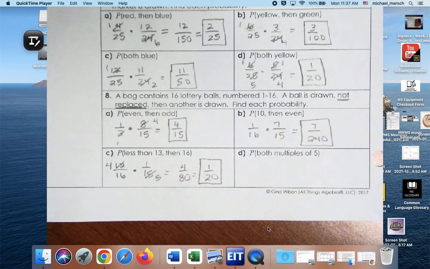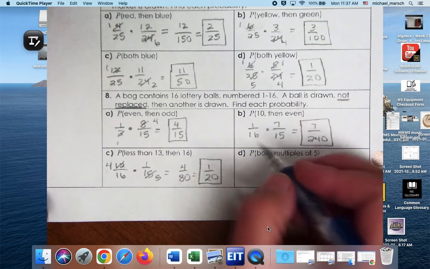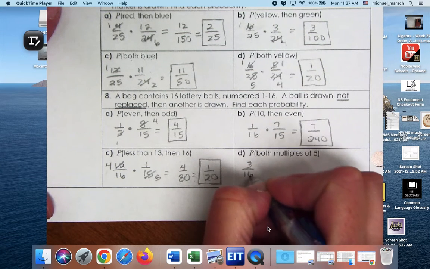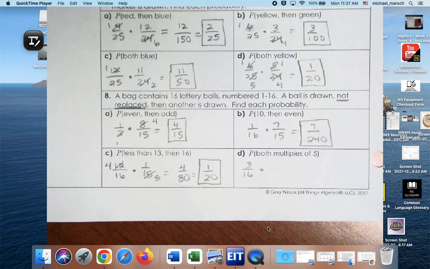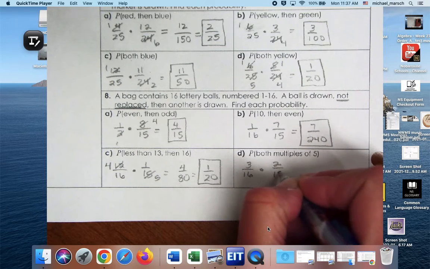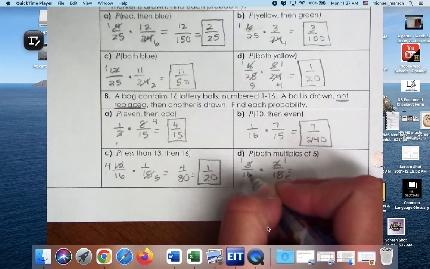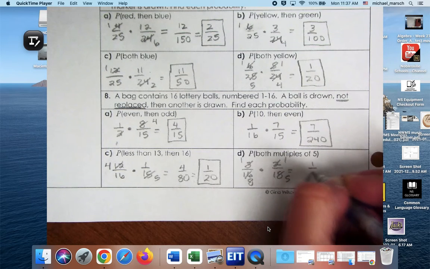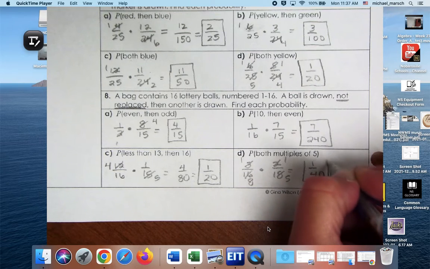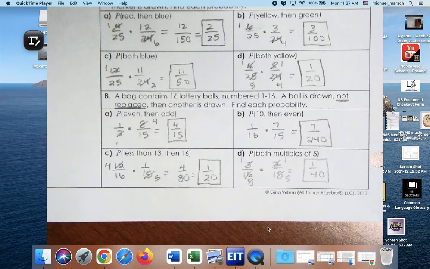Okay, how many multiples of 5 do I have? 3. It's going to be 2 out of 15. I only have 2 left out of 15 total. One out of 40 chances.